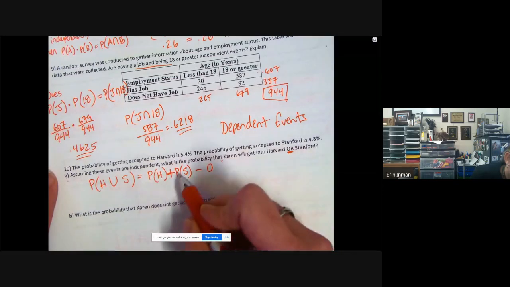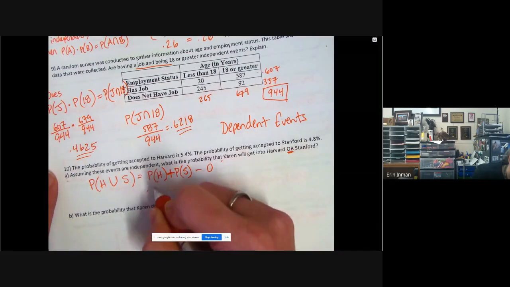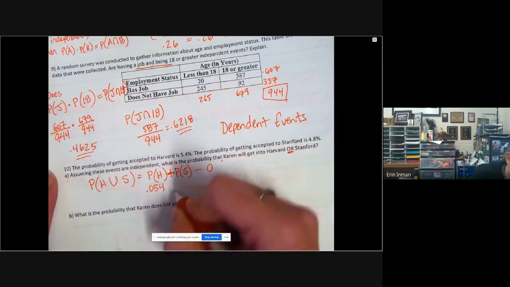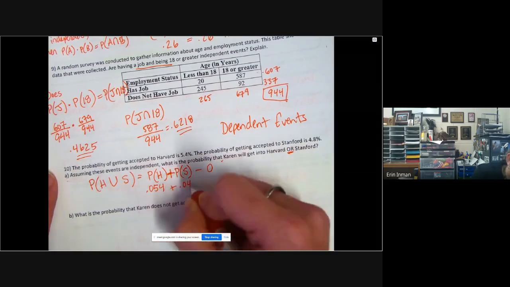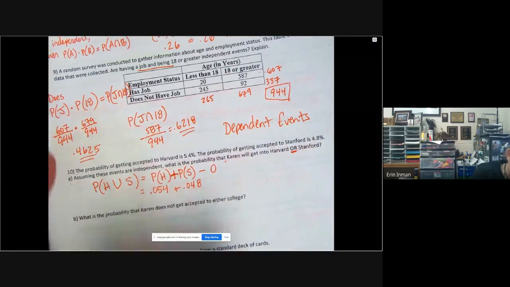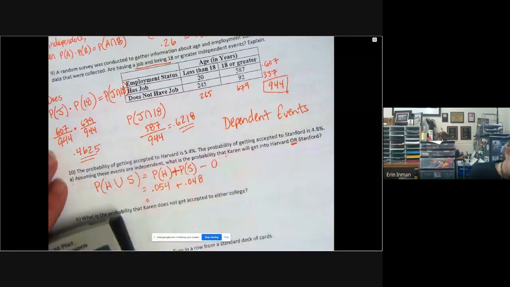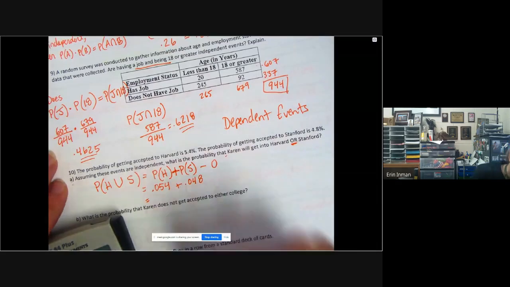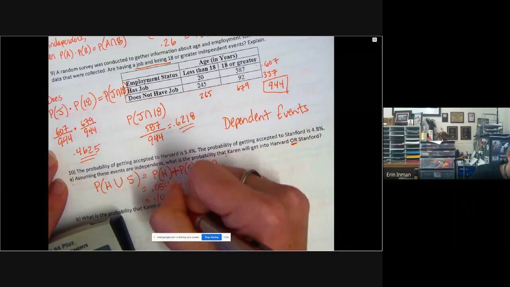So 5.4%. I'm just going to still write this as that, moving that. So in the other one, 0.048. And if I add these together, 0.054 plus 0.048, we end up with 0.102.